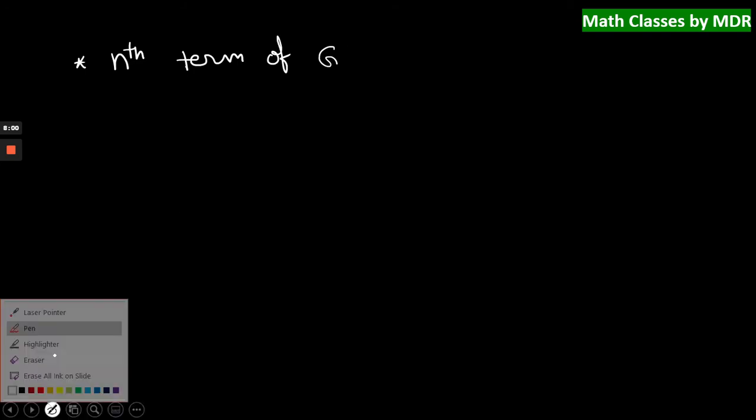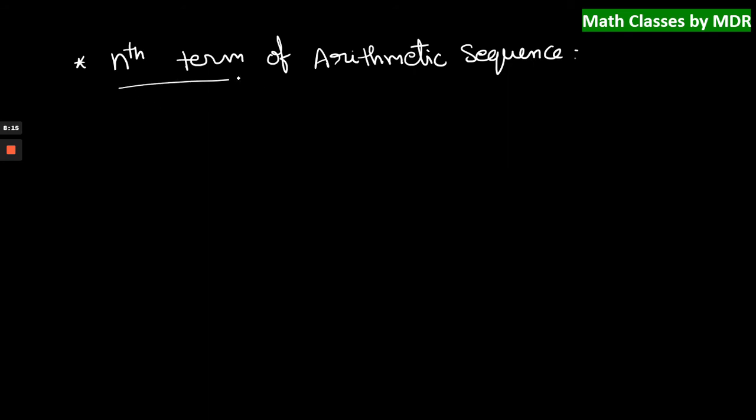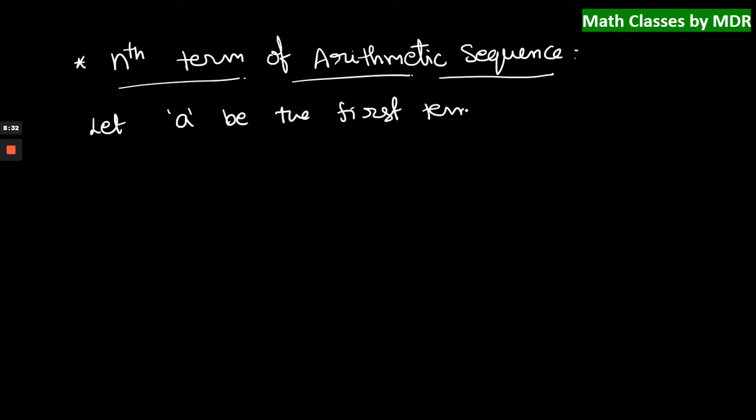First, let us take the arithmetic sequence. So what is the nth term of an arithmetic sequence? Let A be the first term of the sequence, and D be the common difference.